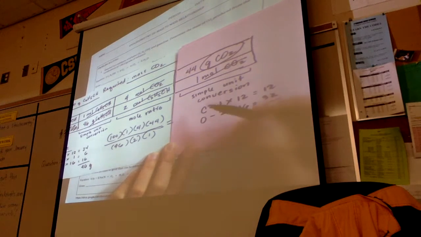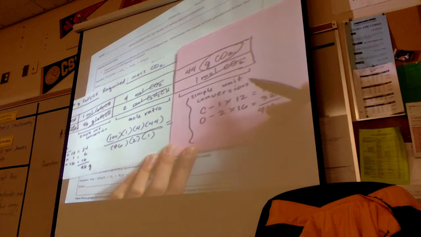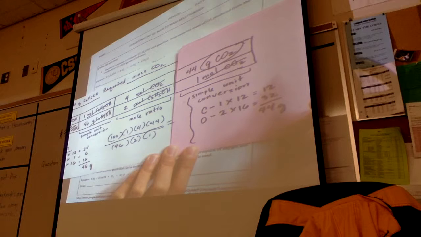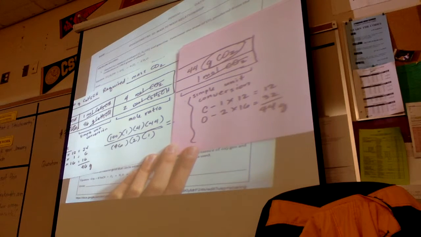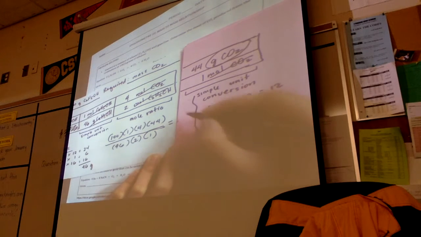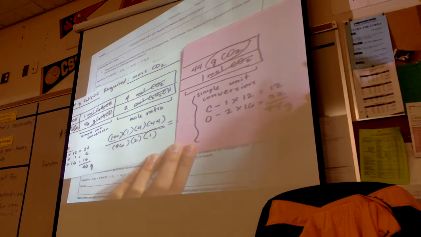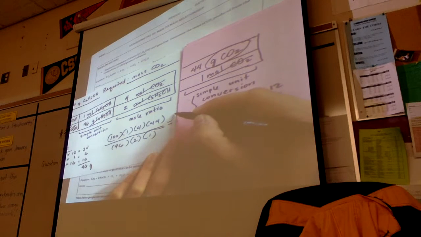Now, what is the answer for the top one? 400 times 44. That is a big number.